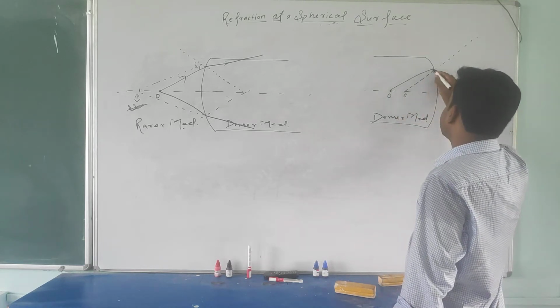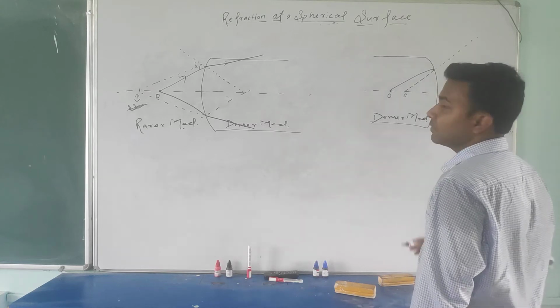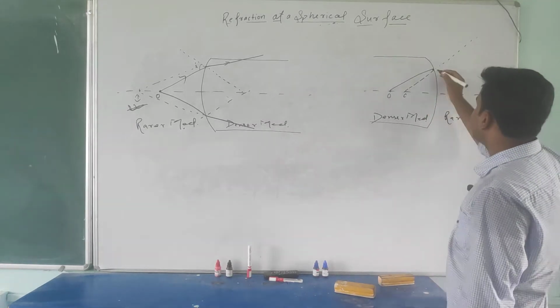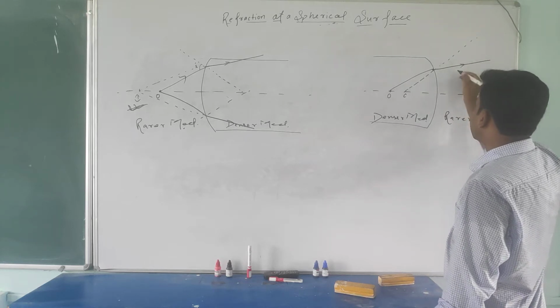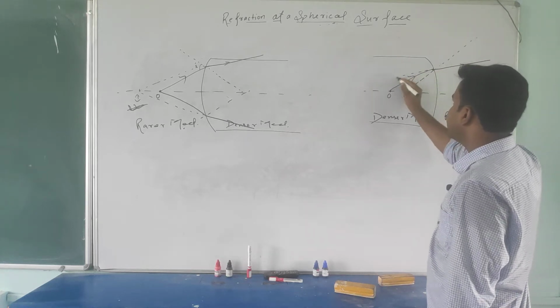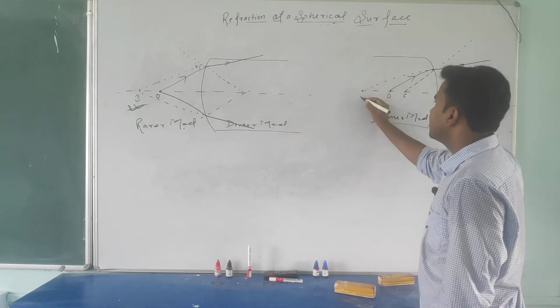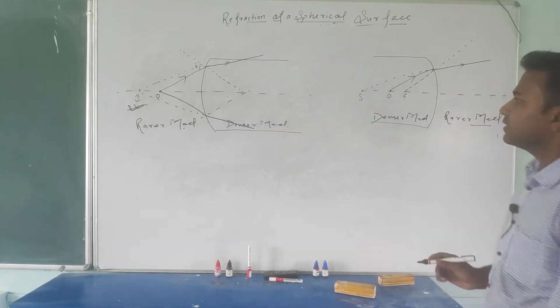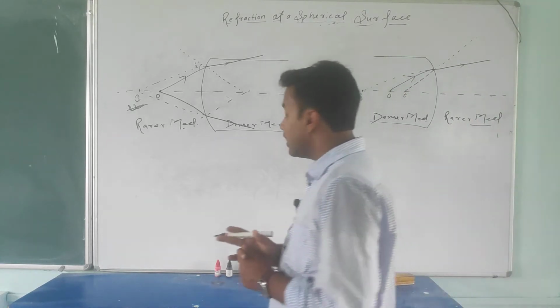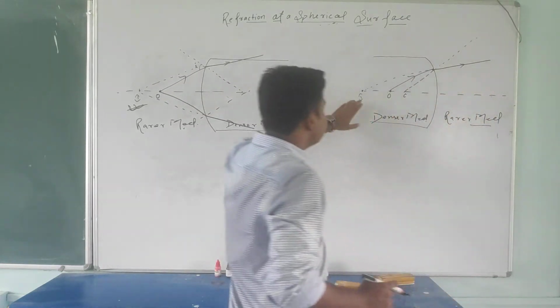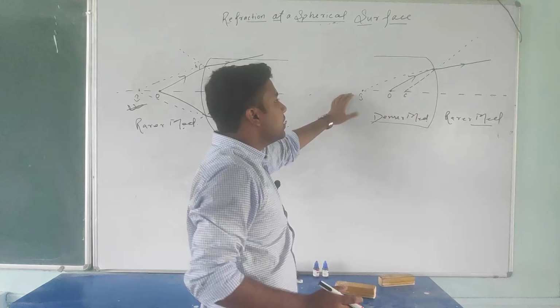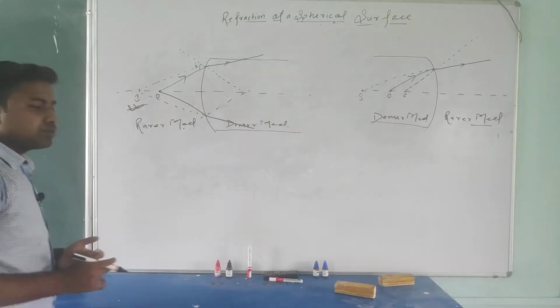If the ray is falling at this point, what will happen? It will go away from the normal. Okay, so the ray is going like this, then what will happen? Here the image will form. This is also a case. In that case the image is forming, that's virtual, because actually the ray is going in this direction but the image is forming here behind. Okay, so this is the virtual image case.